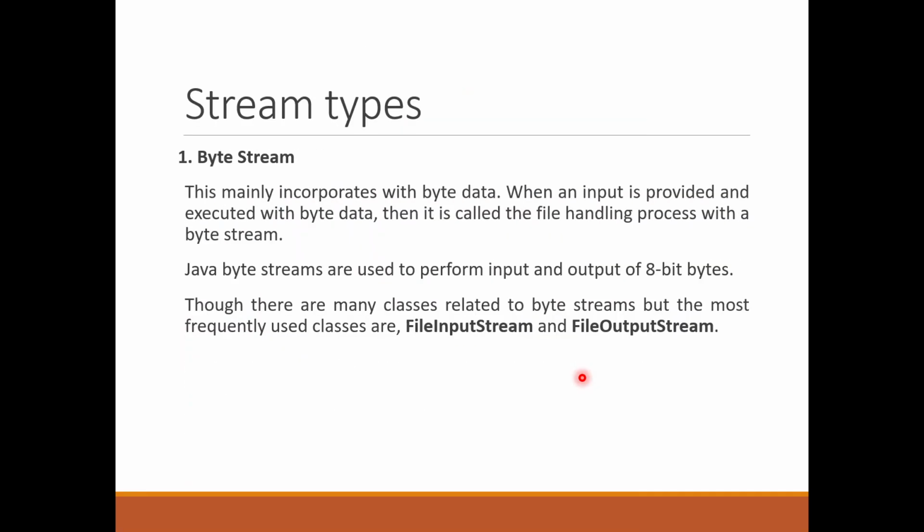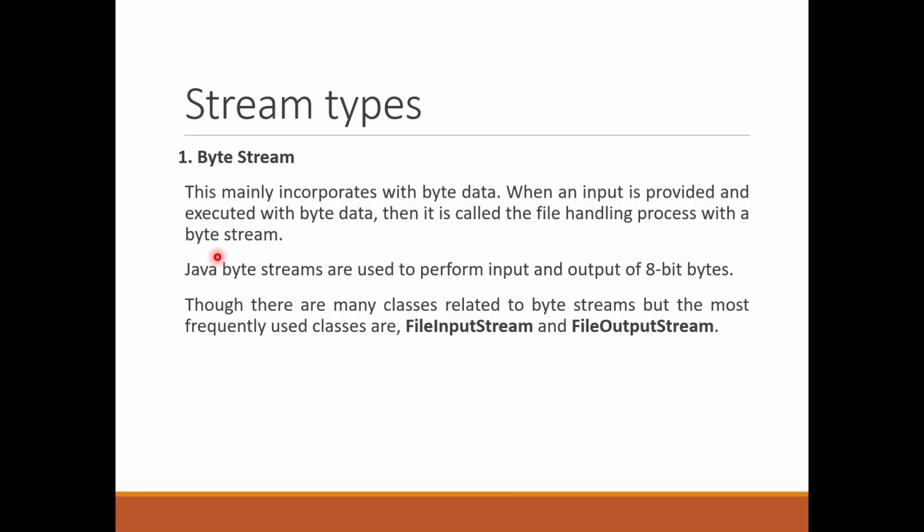Now let's understand the first type of stream, which is byte stream. As given in the name itself, this deals with byte data. So whenever input is given to the program, and this input is provided and executed with byte data, then the whole concept is called file handling with a byte stream.